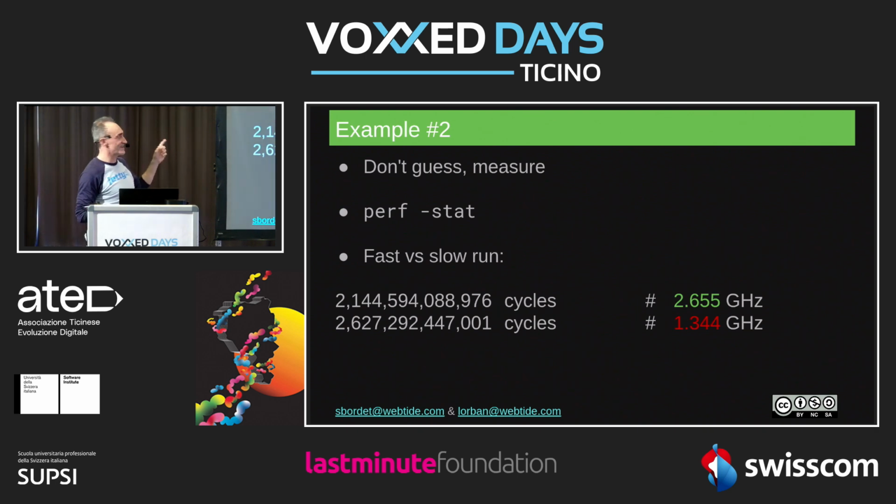We applied perfstat, and look at that. The perfstat report said the CPU frequency of the CPUs was throttled down in one case. In one case, one CPU was working at 2.6 gigahertz, and in the other case it was working at 1.3. Why was that? Well, the reason was that we had a machine with 32 cores, and the configuration for the selector loop was saying, we only want to have 24 selector threads because we think it's enough.